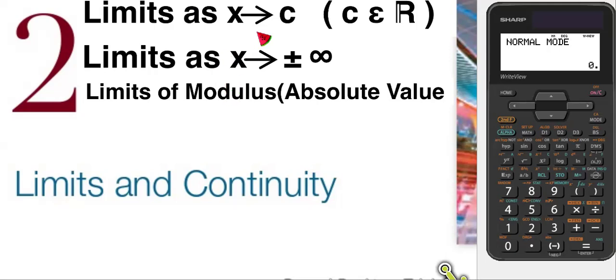I think after this, normally from our side, we had to do the sandwich theorem to prove something like sine of theta over theta.